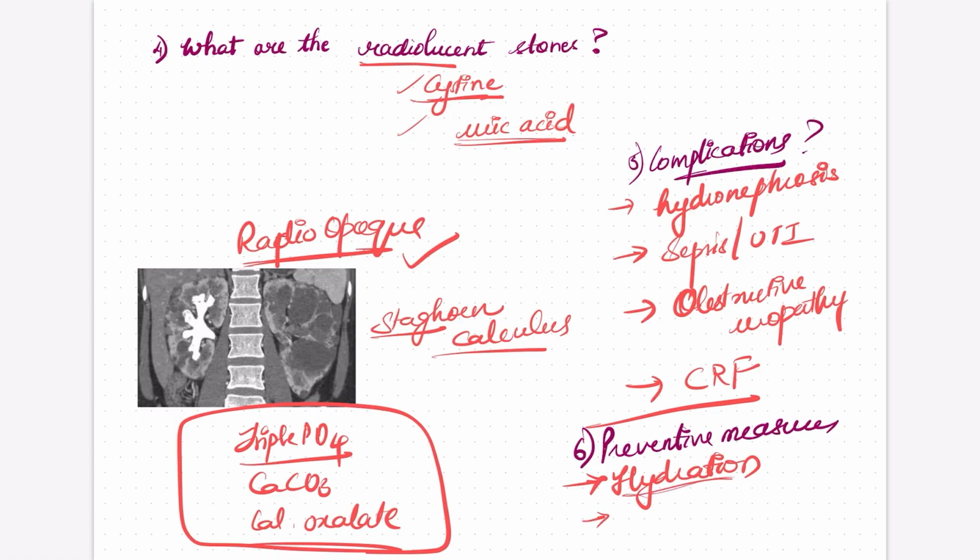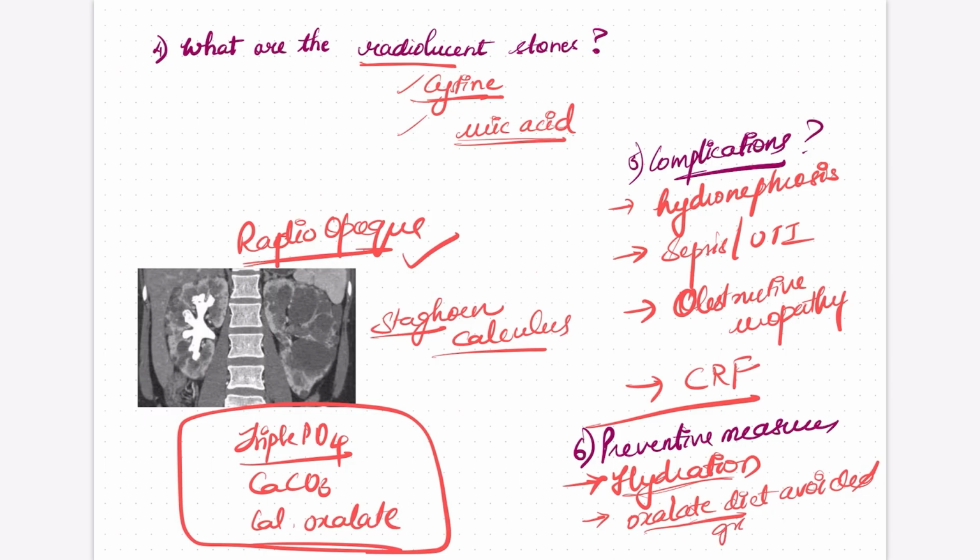Also avoid certain kinds of foods that have oxalate. For example, if a patient is prone to calcium oxalate stones, you avoid foods or diet rich in oxalate. What are the oxalate-rich foods?